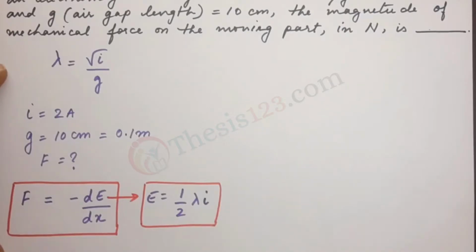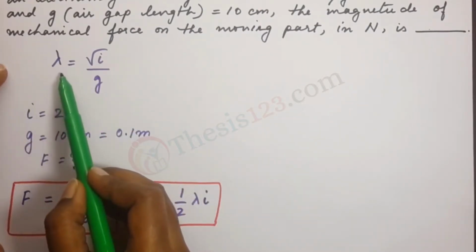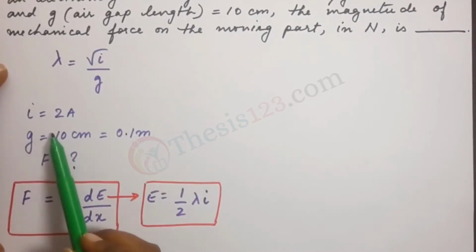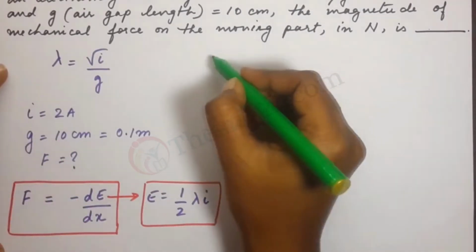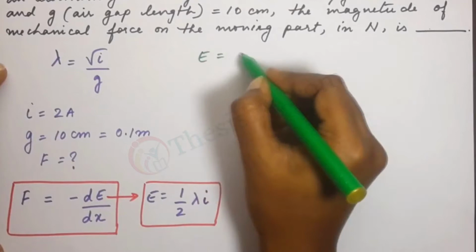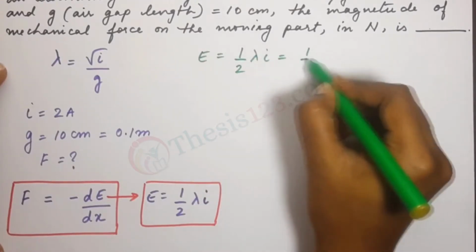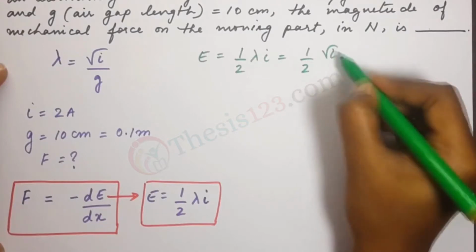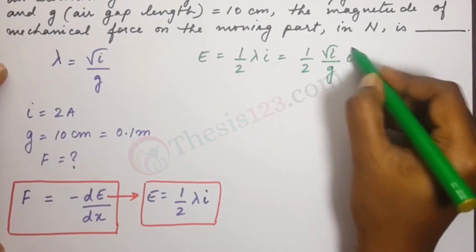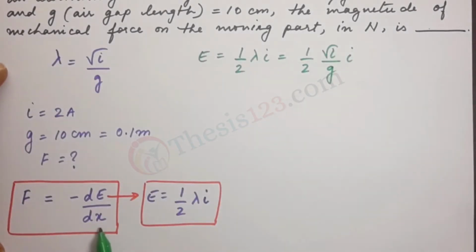Okay, so let's start by calculating first what the energy is. Now the energy is half lambda times I. Now we have lambda, we have what I is. Let's substitute first. So we have E is equal to half lambda I, which is half into root I by G times I. Here x is G. You will have to know that x is the air gap length.